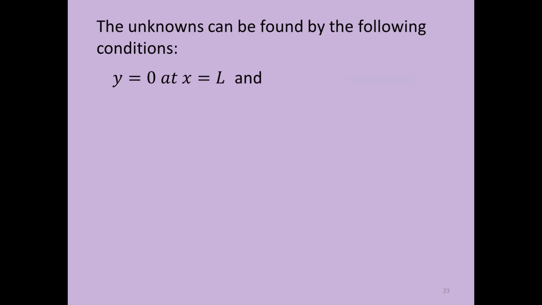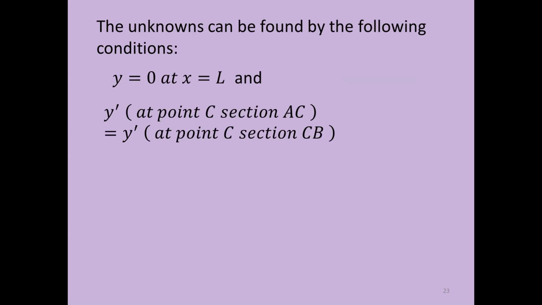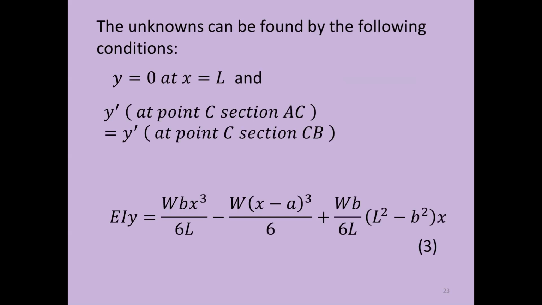Y is equal to 0 at x is equal to L, and the second set of boundary condition which we are going to use is that the slope at point C is same for both these sections. This gives us the final expression for deformation to be equation number 3 on display.